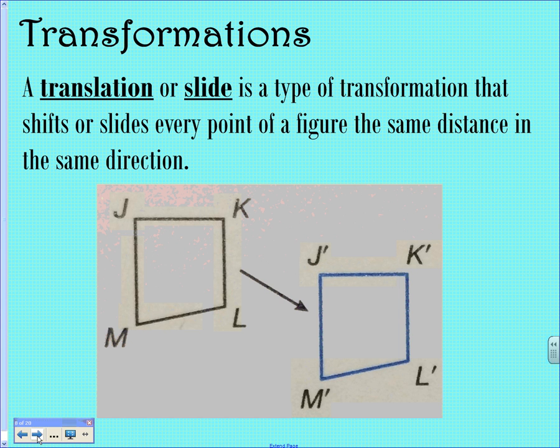What's happening to my body? It's all going in one direction, right? I'm still staying together. Okay? So we took our image and we just slid it down. And so now instead of J, K, L, and M, what are our points labeled? J prime, K prime, L prime, and M prime. Yeah, if you moved it twice, then it would be a double prime.